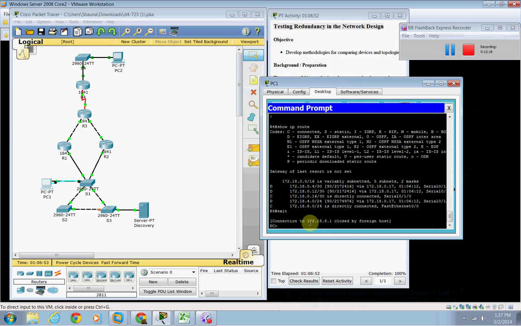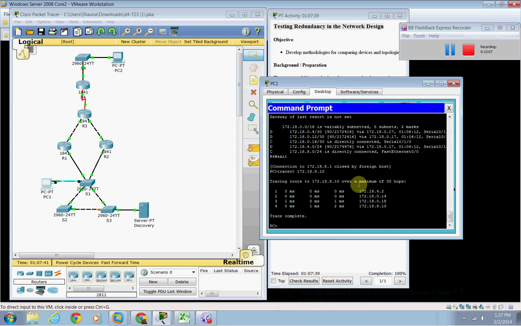Okay, so now we're going to exit and we're going to do tracert to PC2, which is 172.18.8.10, and we're going to see how many hops.